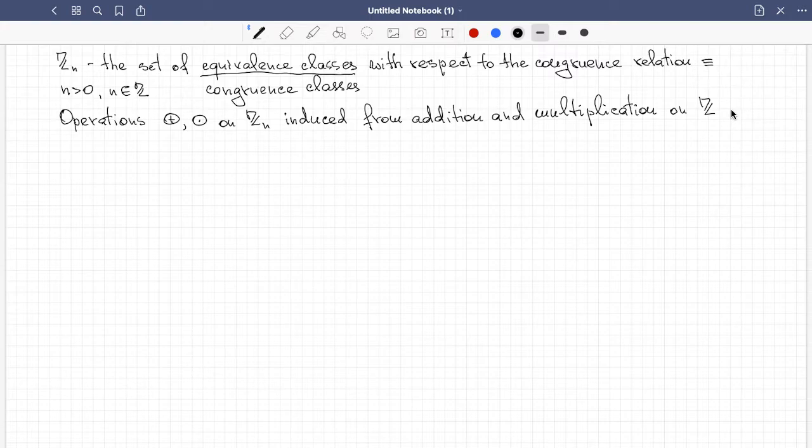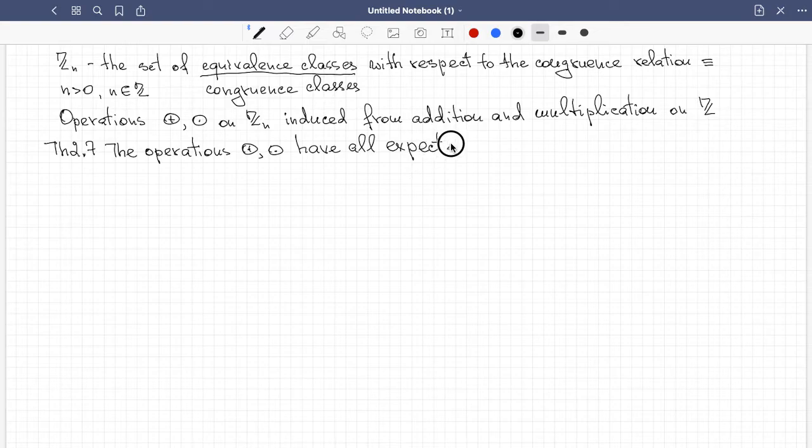So, theorem 2.7 in the book roughly tells us that the operations on this set, which we've introduced, have all expected properties, the properties of operations of addition and multiplication on the set of integers.